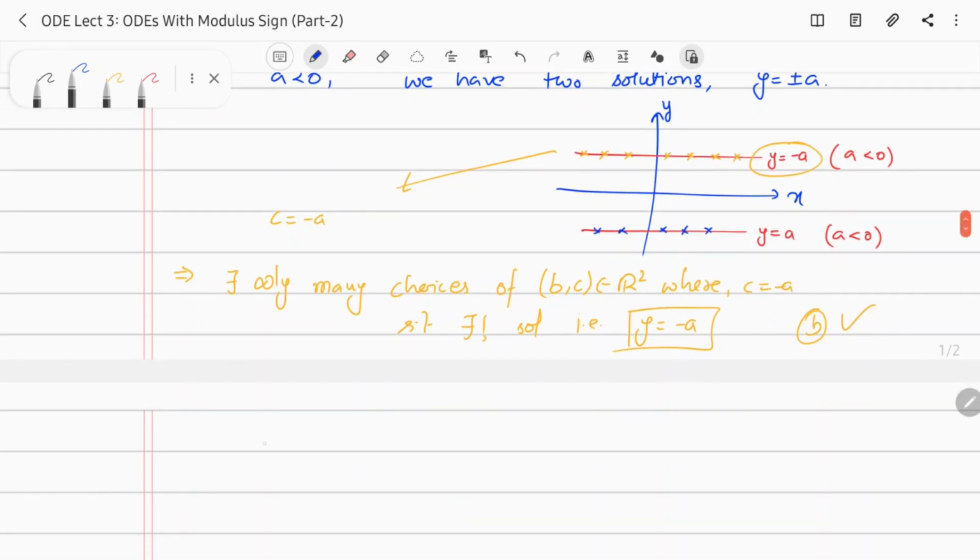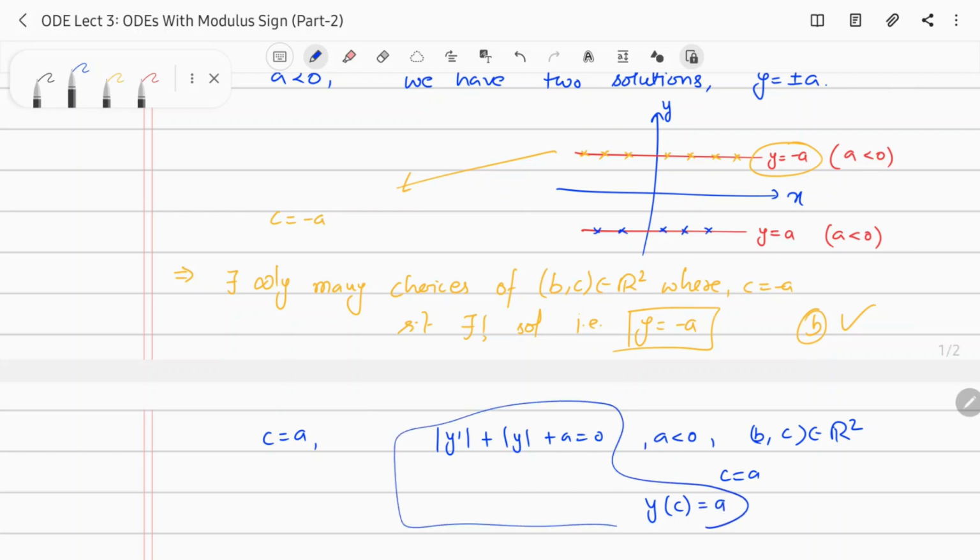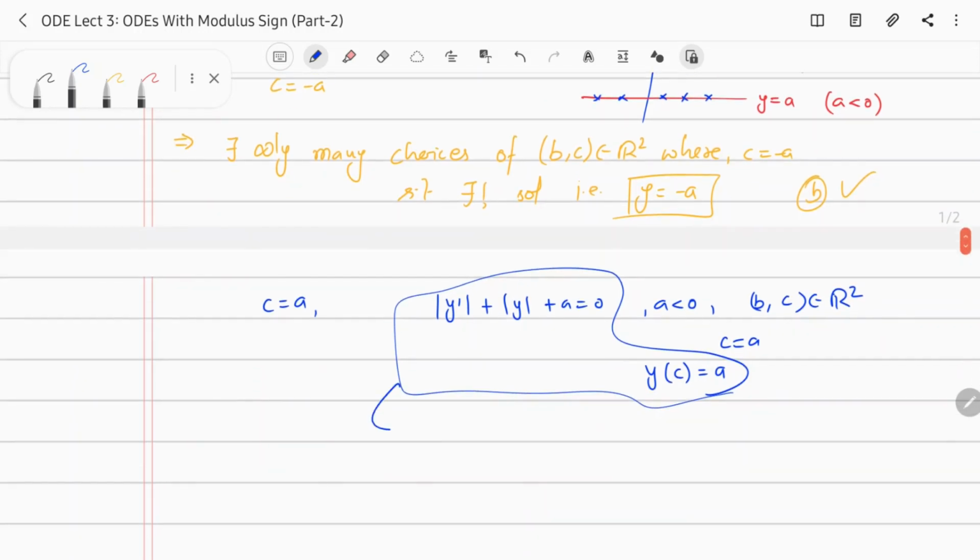If I take C equal to A, then the differential equation will be |y'| + |y| + A = 0, where A is less than 0, and (B, C) belongs to R square. Taking C equal to A, our initial condition will be changed, and this differential equation is different from the first case, right? So this will have a unique solution.